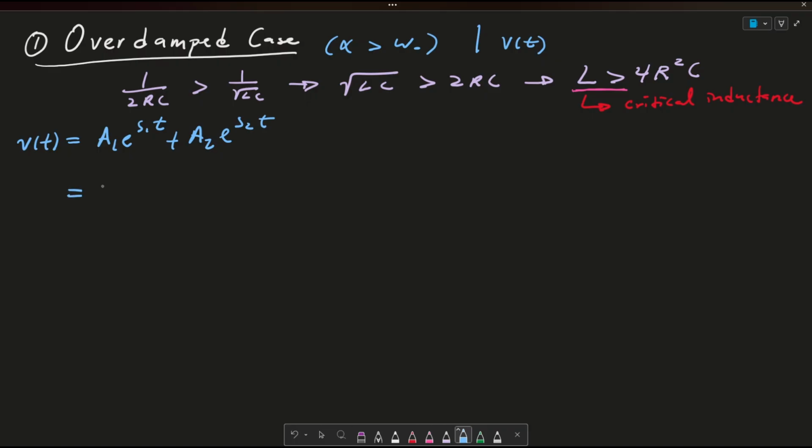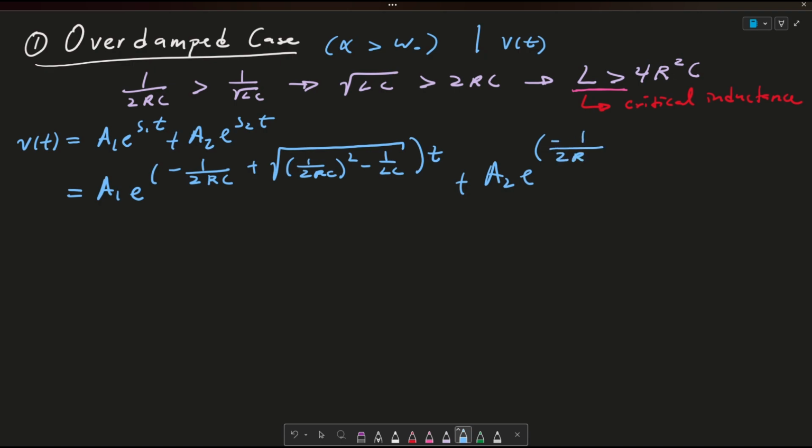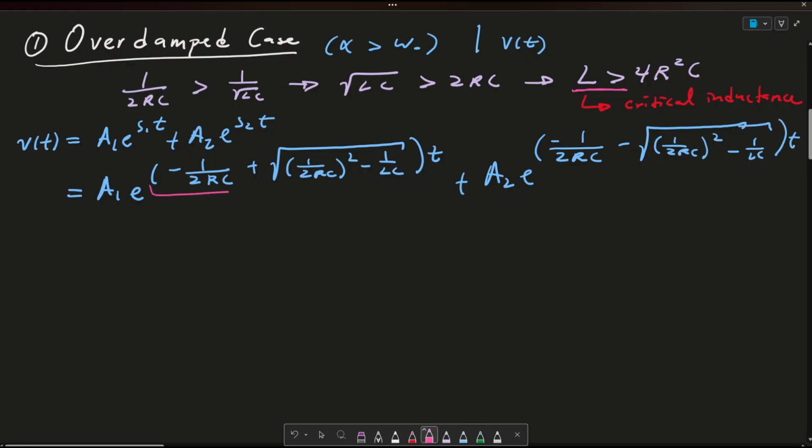And again, just to write it out clearly, this is A1 e to the minus 1 over 2RC plus the square root of (1 over 2RC) squared minus 1 over LC, times t, plus A2 e to the minus 1 over 2RC minus the square root of (1 over 2RC) squared minus 1 over LC, times t. Where again, this here is S1 and this here is S2.